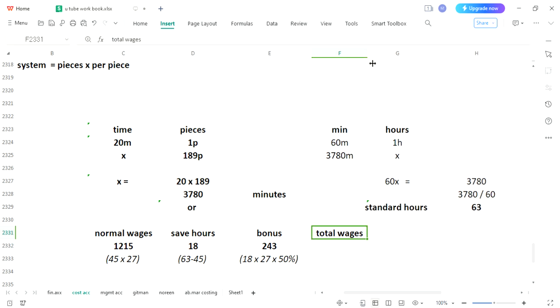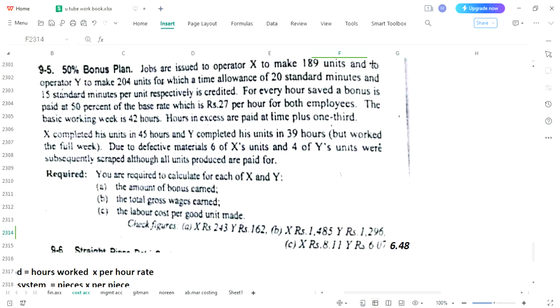But here we'll have to see if there is anything else as well. Let's go back. The basic working hour is 42, and here, this line, please note it down: hours in excess are paid time plus 1/3 as well.